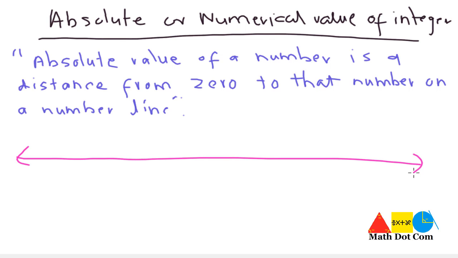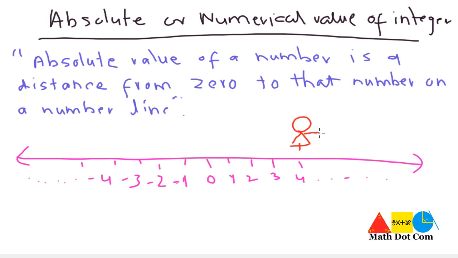For example, this is a number line. This is 0, 1, 2, 3, 4 and so on, and -1, -2, -3, -4 and so on. So this is the number line. And for example, there is a person standing here, and a person standing here.